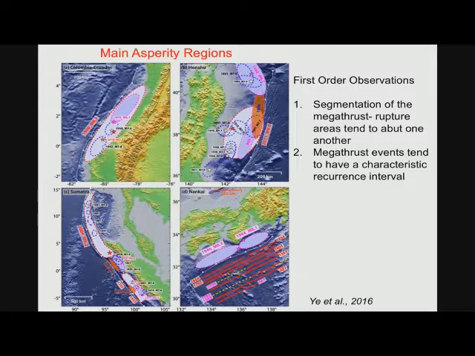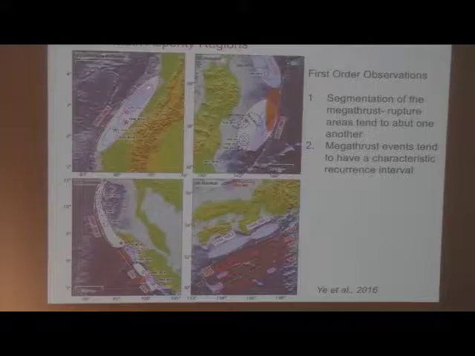So we recognize there are regions, like this one shows the area of the 1906 megathrust event. It was a magnitude 8.5, and then within that area, between 1942 and 79, there were 3 smaller ruptures. So not only is it segmented in 3 sections, but those 3 sections could potentially all go together.